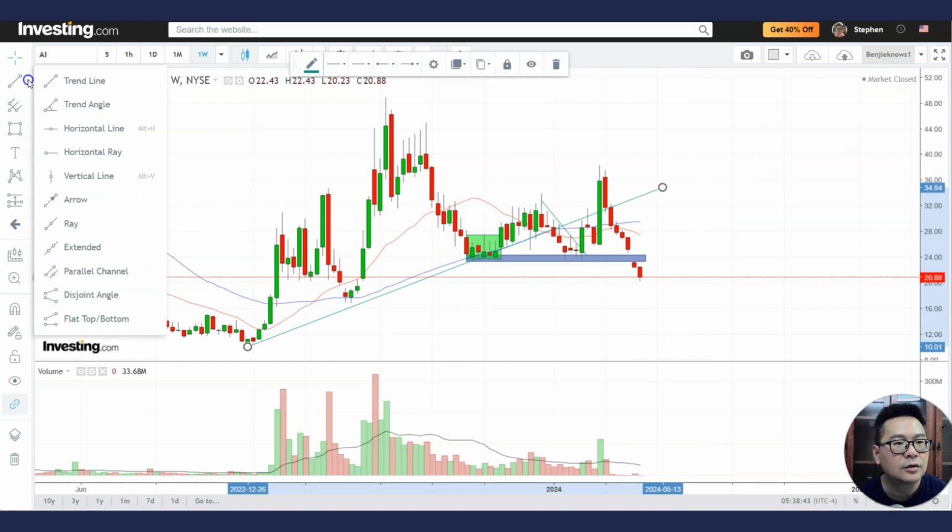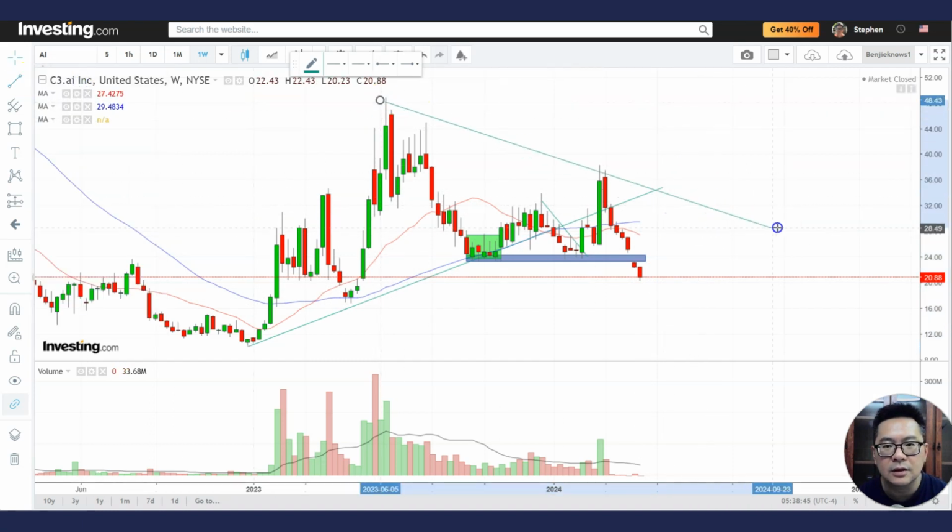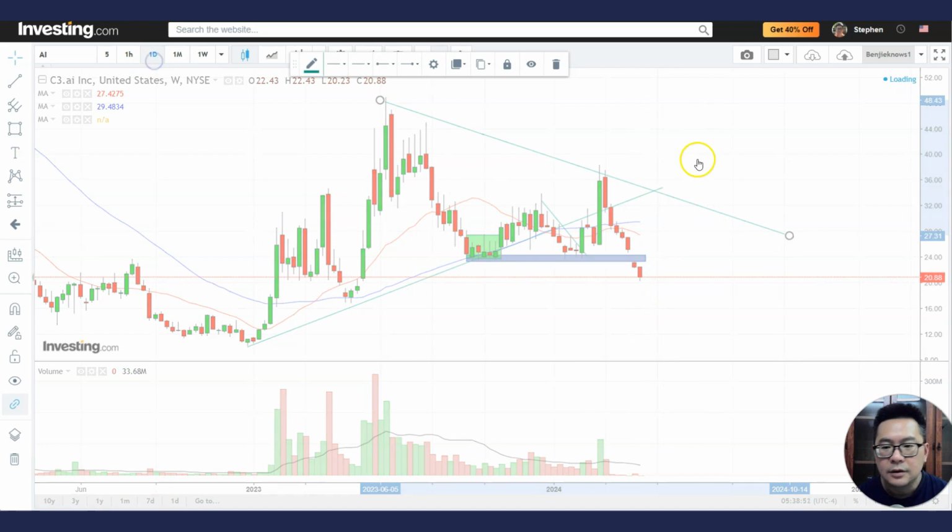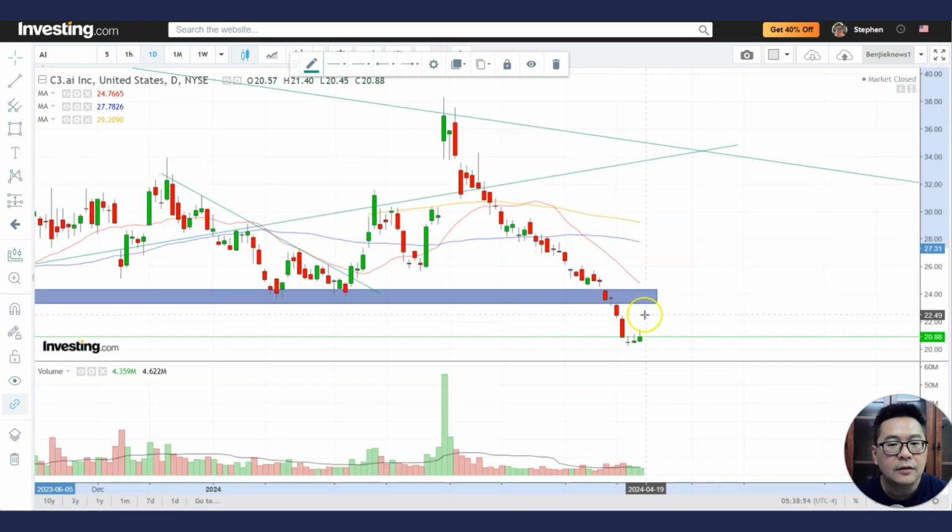Unless it goes back above this downtrend line, it's difficult for the stock at this moment. So it's in a daily downtrend, so you have to be careful before buying it.